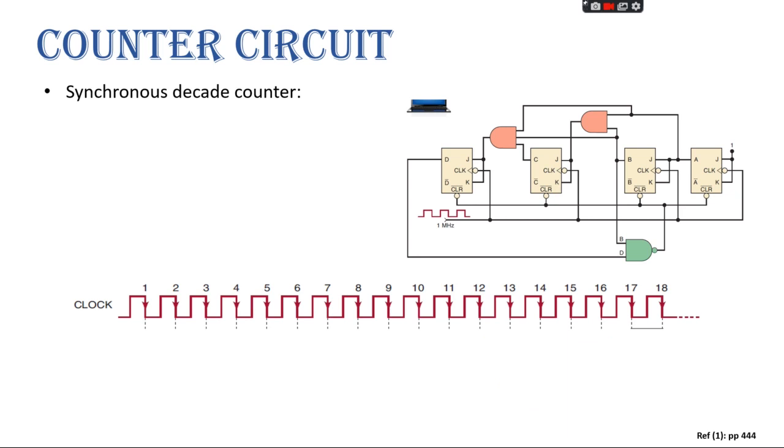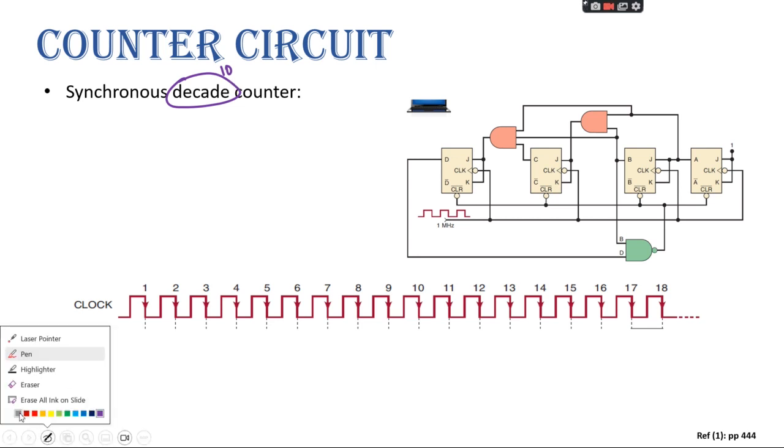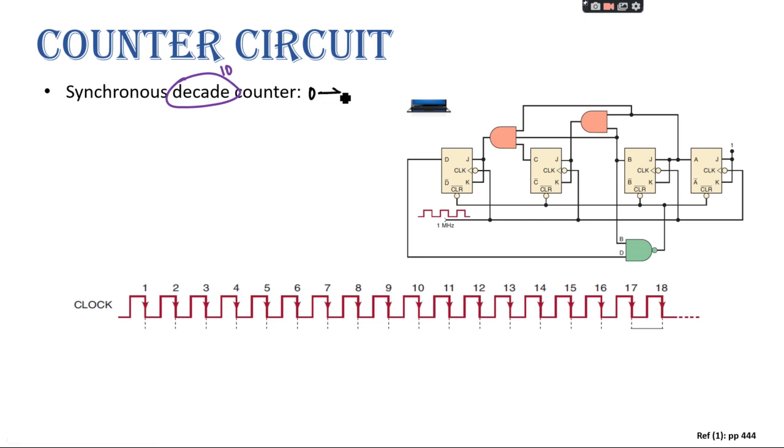Okay. Now we have a synchronous decade counter. Decade counter means how many states should you have? 10. So it will start from 0 and go all the way to 9. For 10 states, how many flip-flops should you add? At least 4, right?